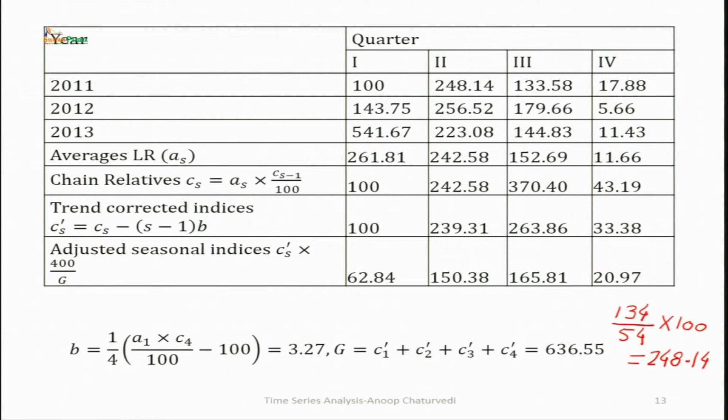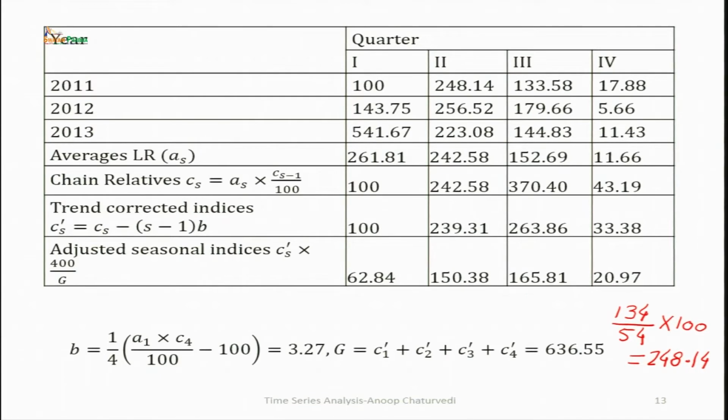Then we calculate the value of B, which provides you the correction for the trend using the corresponding formula, and we calculate the trend corrected indices. So, this row actually gives you the trend corrected indices. Finally, we obtain the adjusted seasonal indices.